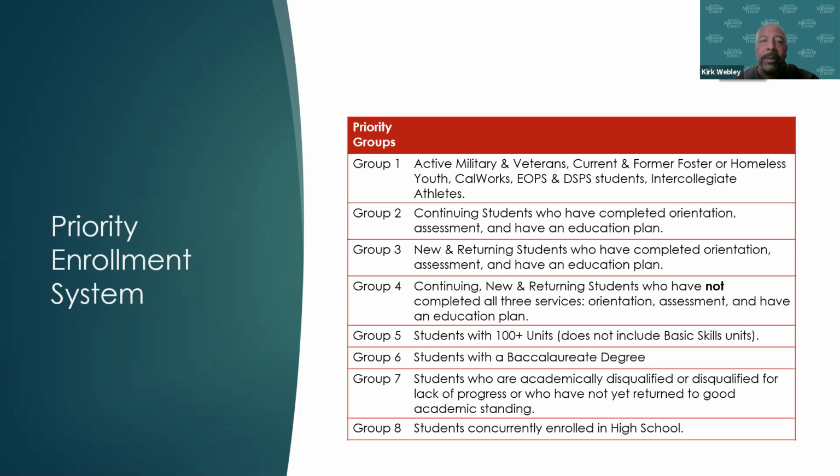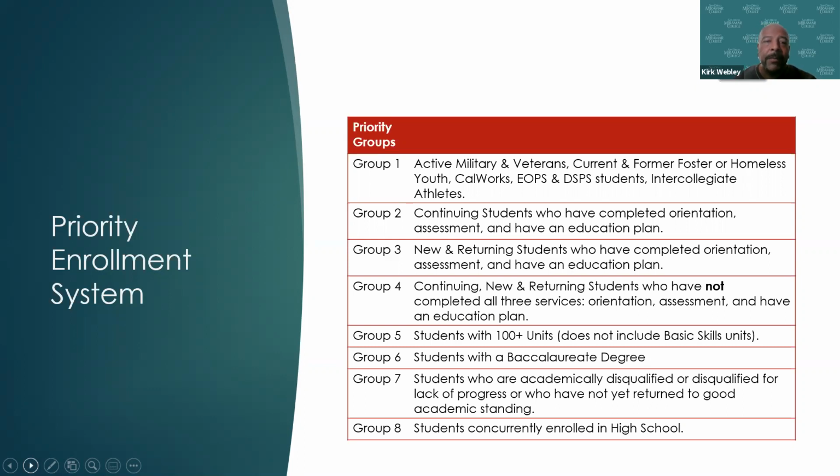Now, I'm going to go into a little bit of how these groups are also broken down in our next slide. But in group 1, we have a listing of students that will be able to register on that particular day. And the registration is kind of staggered in terms of different times.